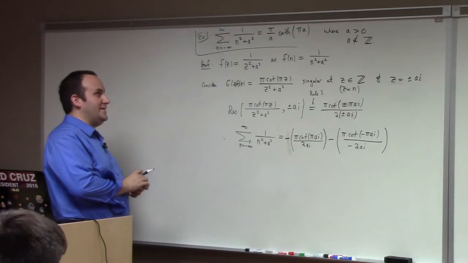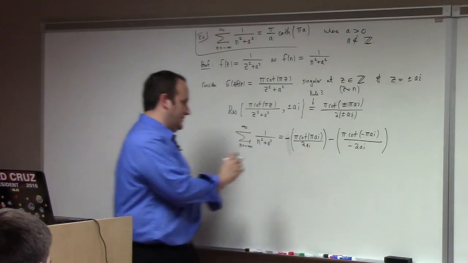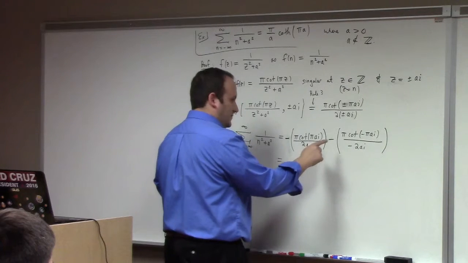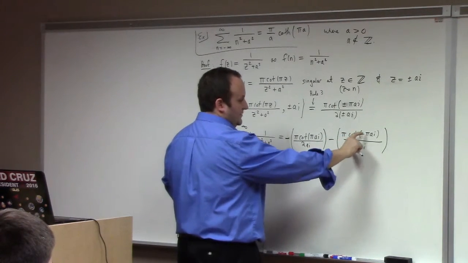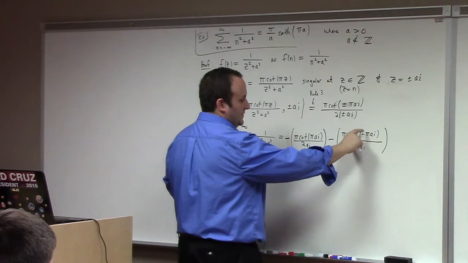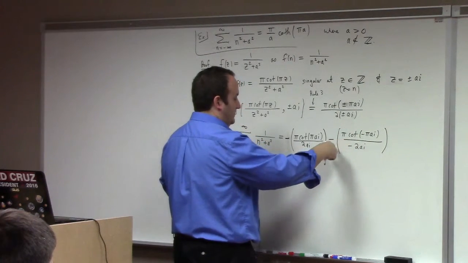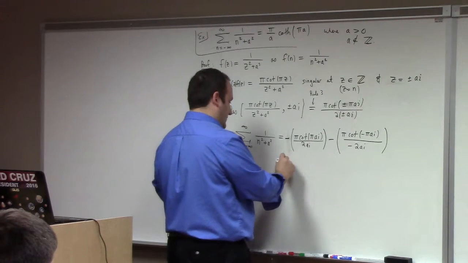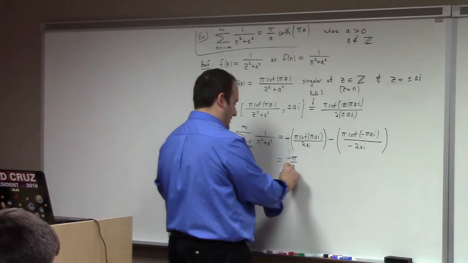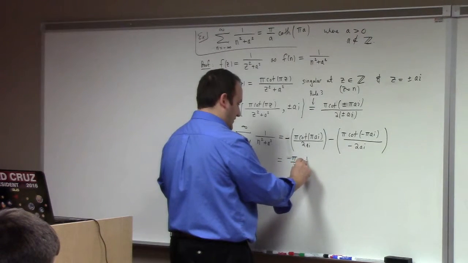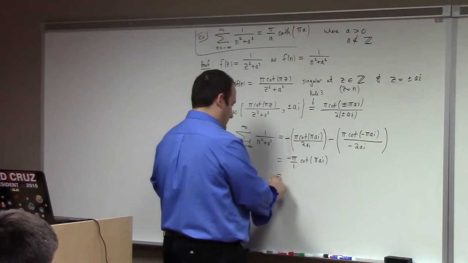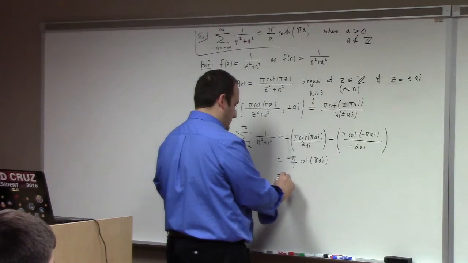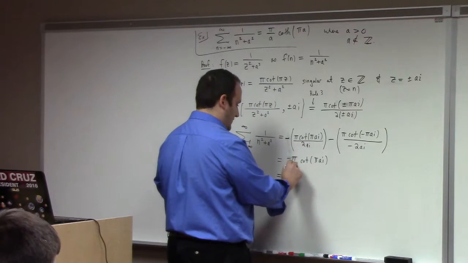Well, I think I see where the pi and the 2 come from. The cotangent is an odd function, right? So these minuses cancel, and so we've got minus pi over i cotangent of pi ai, which, by the way, is, and I lost my a, let's see here.